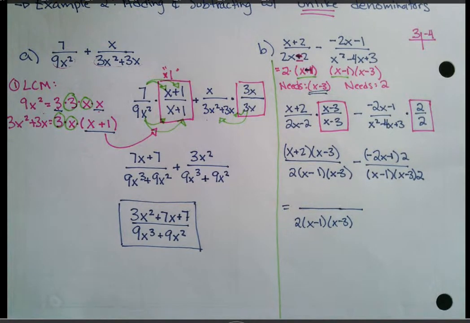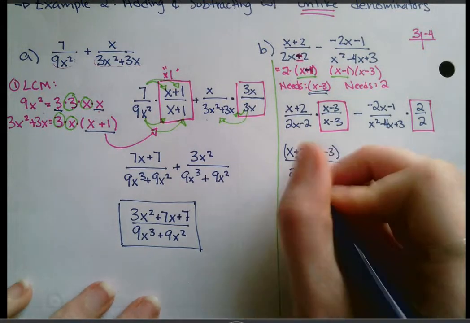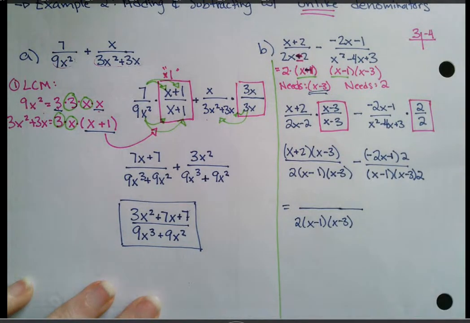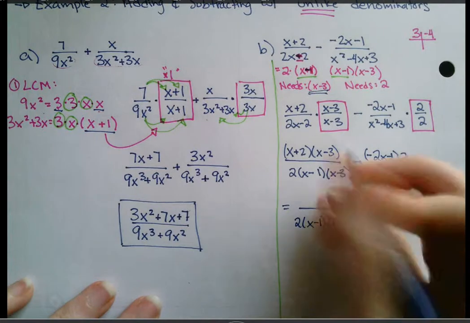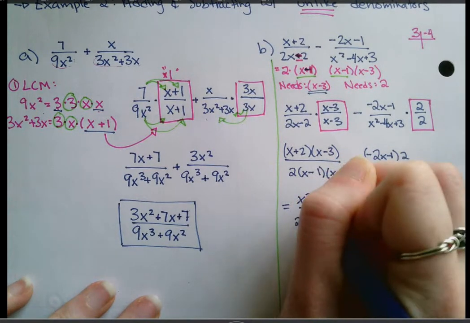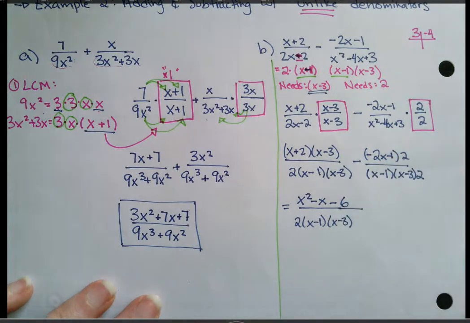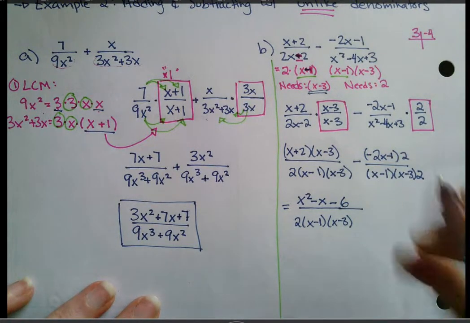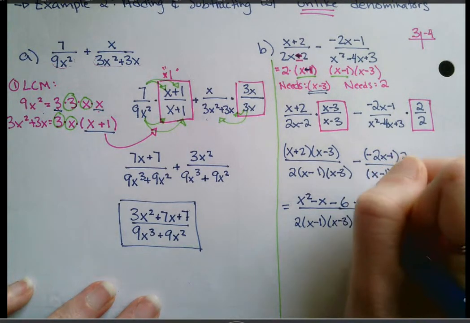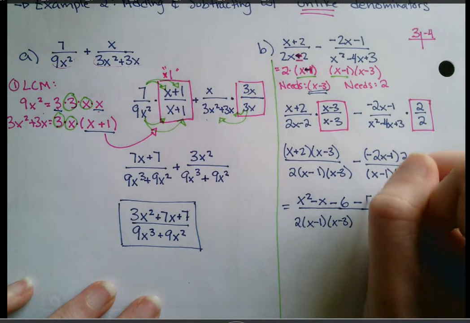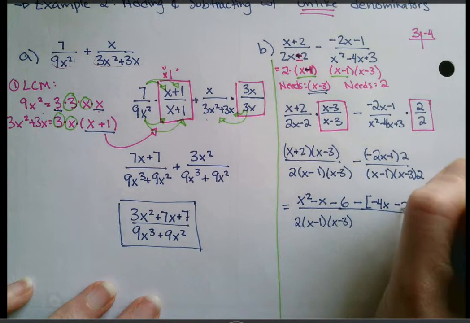So on the top, if I expand this out, I have an x squared minus x minus 6. Then, for this one, I am subtracting a negative 4x minus 2.